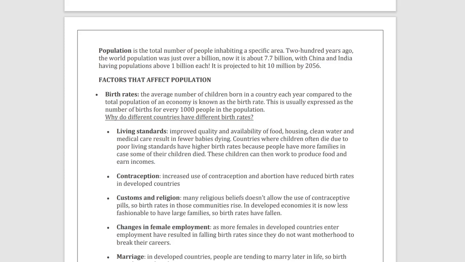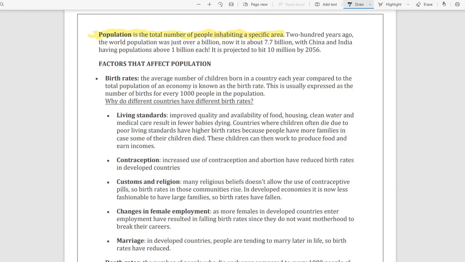So, what do you understand by population? Population is the number of people in a specific area. The number of people inhabiting a specific area, that's the definition of population.